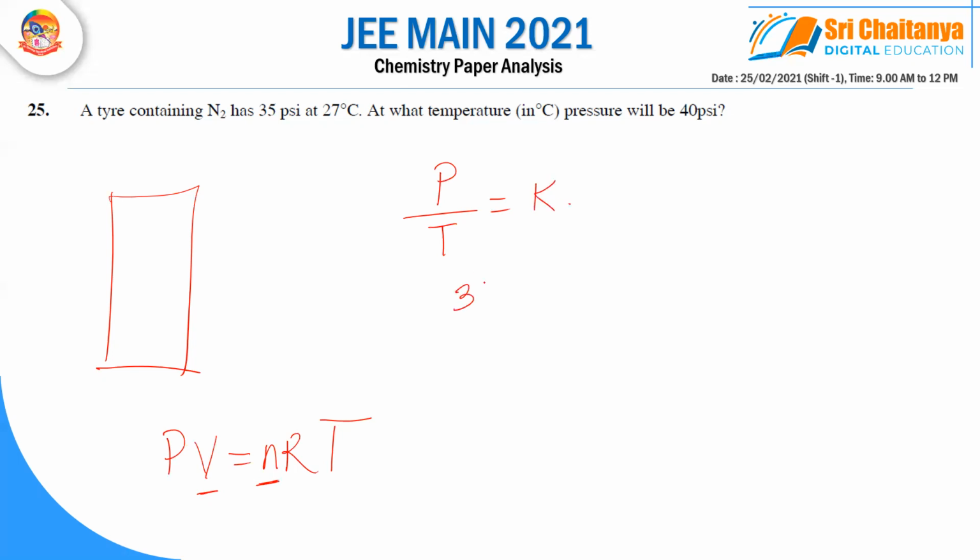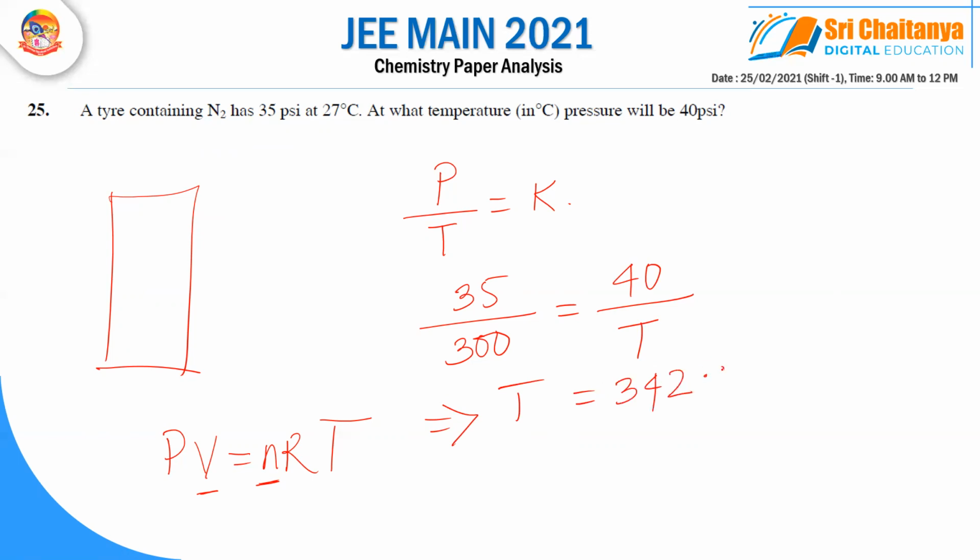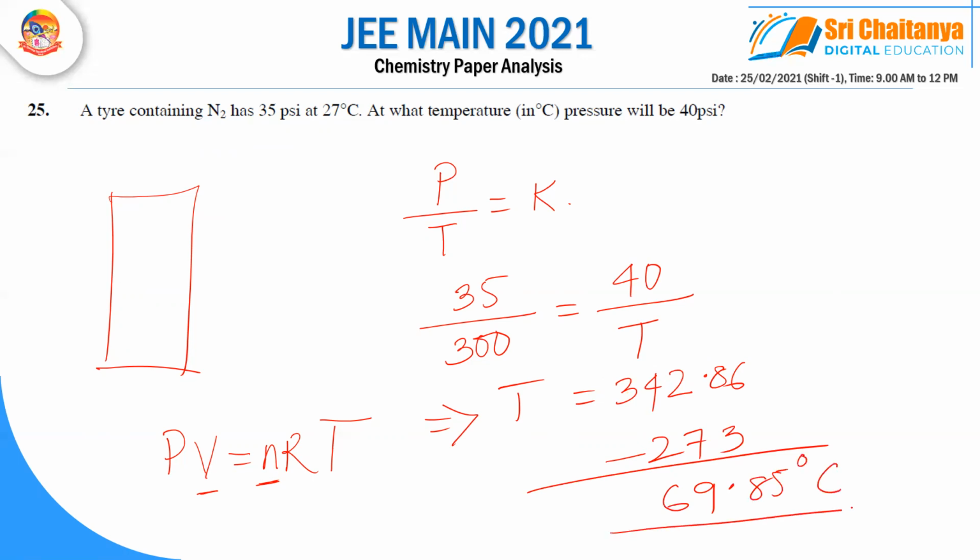When the pressure is 35 psi, the temperature is 300. So when the pressure is 40, what will be the temperature? Write it as T. From here, you are going to get T as 342. But they are asking the answer in degree centigrade. So from here, you subtract 273, and then you will get something like 69.85 degrees centigrade as the answer. If you round it off, it will be 70 degrees centigrade.